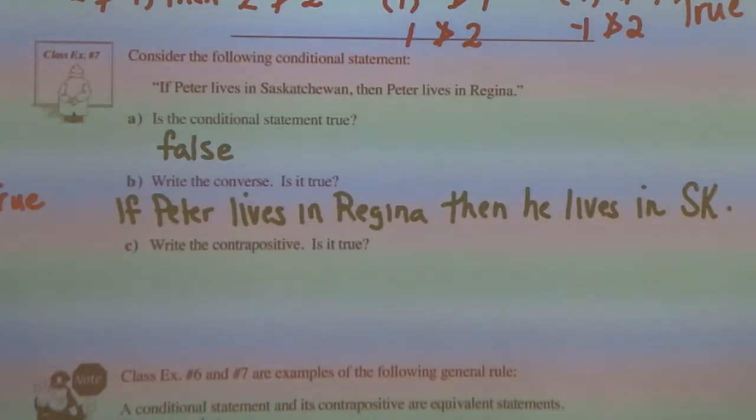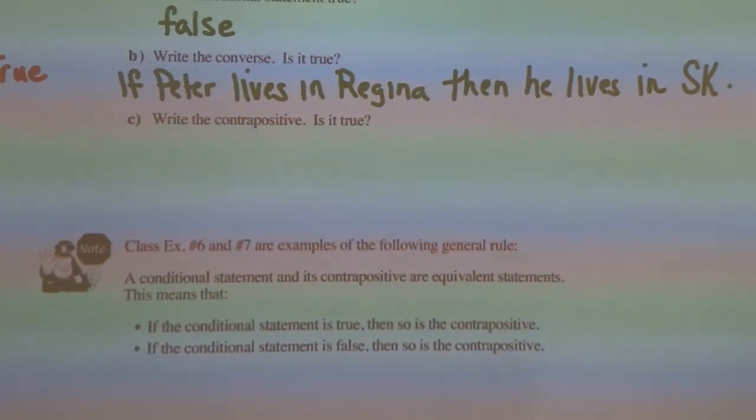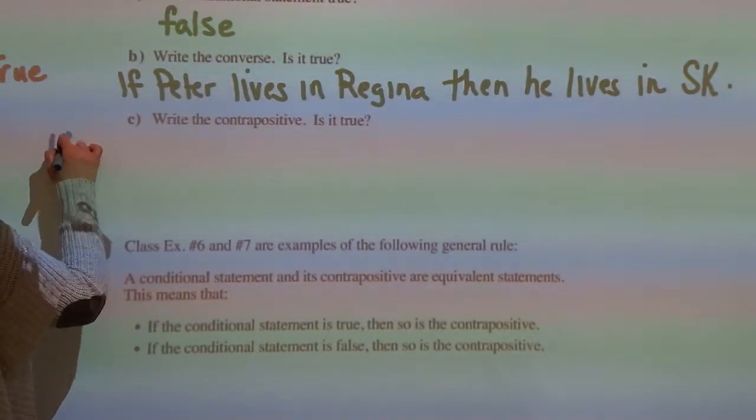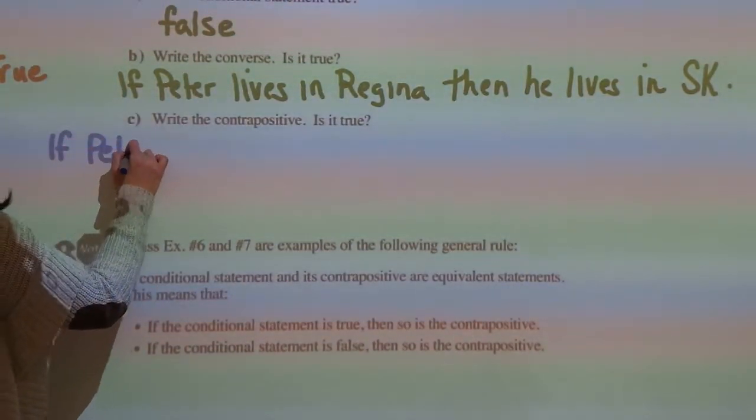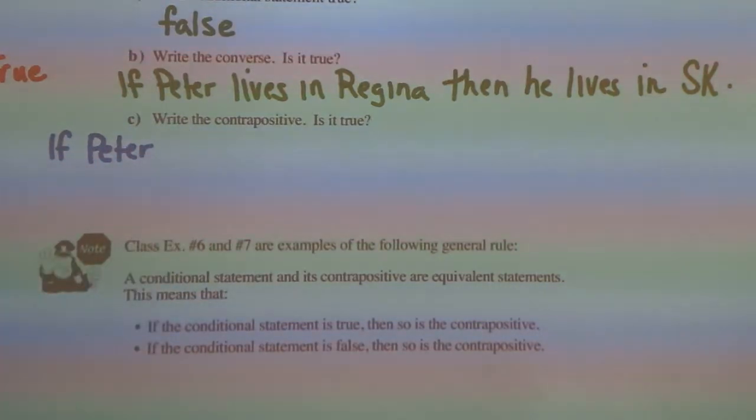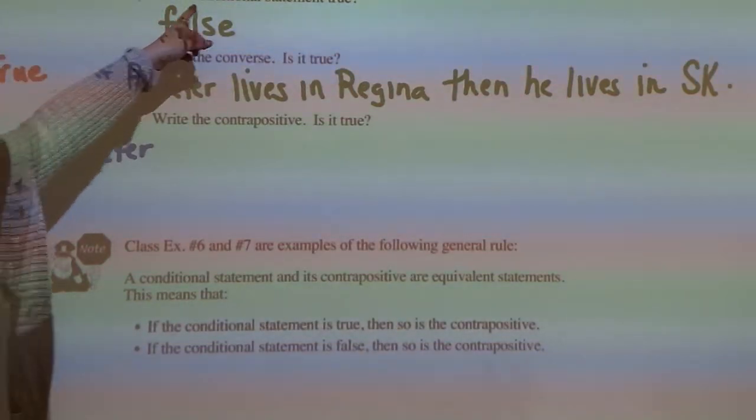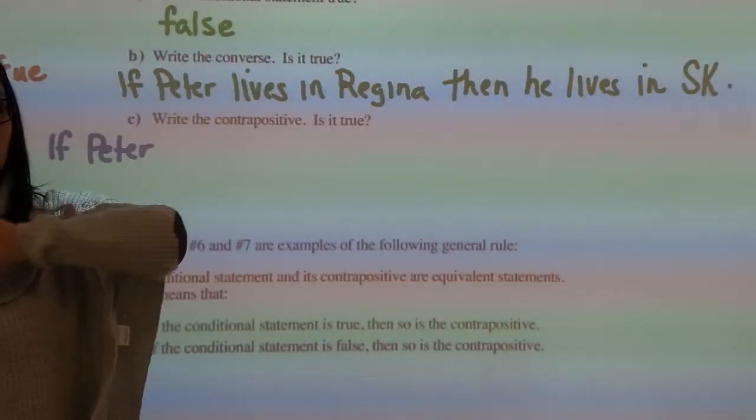Okay, so let's write the contrapositive. So if Peter, what would the contrapositive say? If Peter lives in Saskatchewan, he lives in Regina. No, that's the conditional statement. That's not the reverse, that's adding the not.